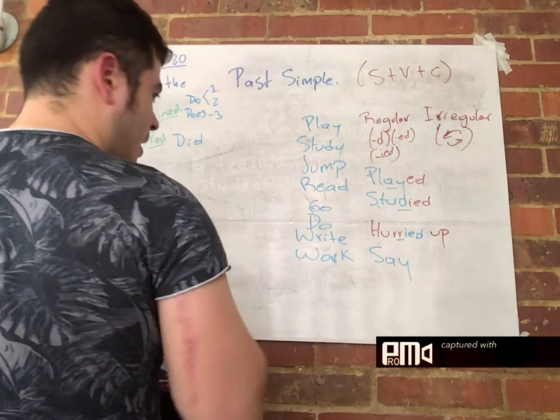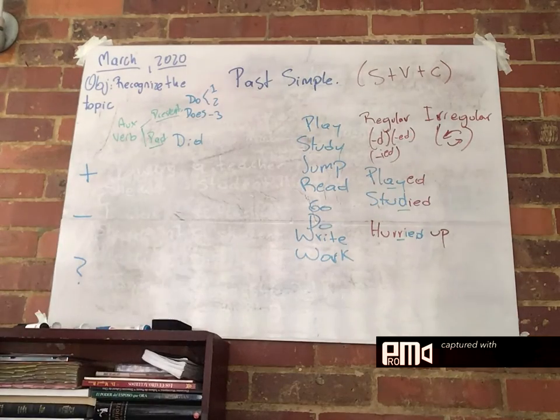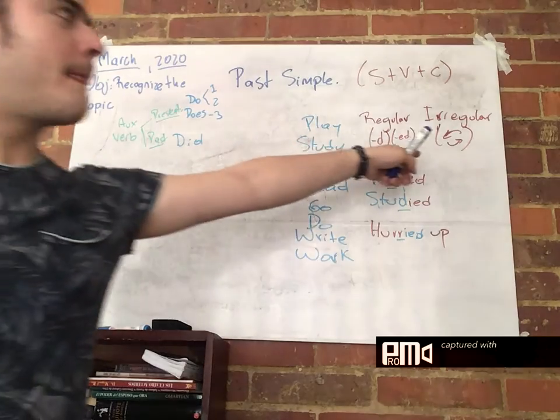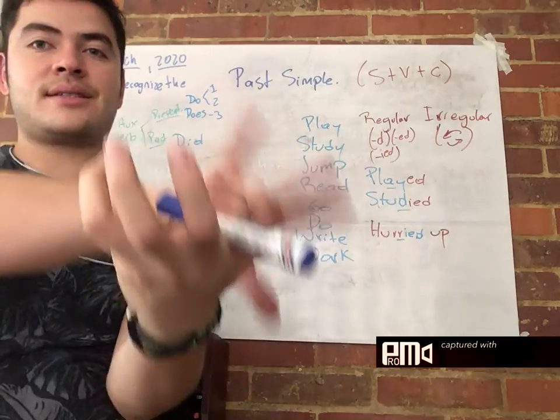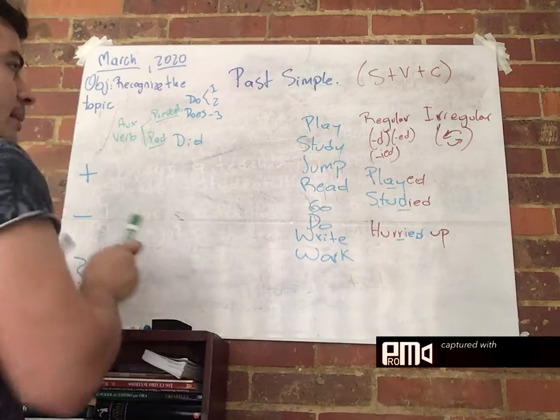But there are irregular verbs. What are the irregular? The irregular changes the complete verb. For example, write, think, or say.